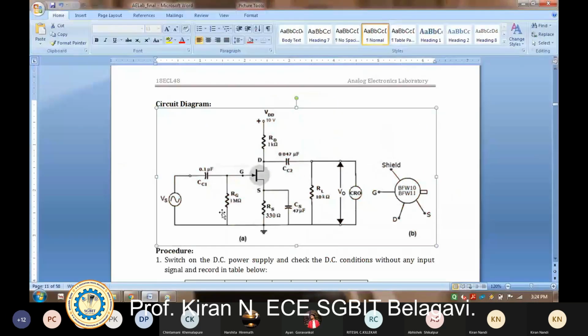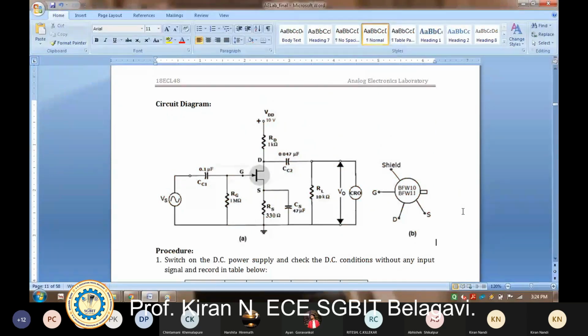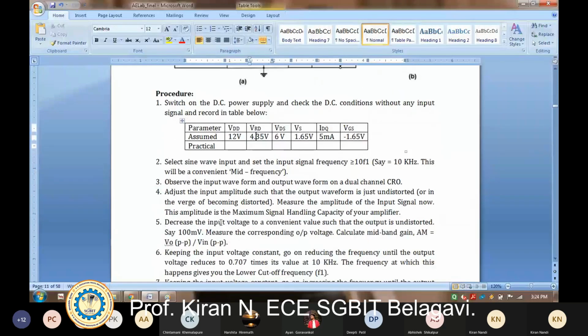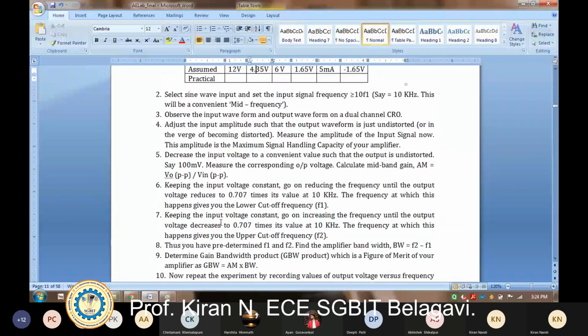The next part, you can see I'm going to show here. We are going to note down these values once I connect the circuit and provide the input. We are assuming some practical values here: VDD, VRD, VDS, VS, IDQ, VGS. After doing the connections, we note down the practical values.